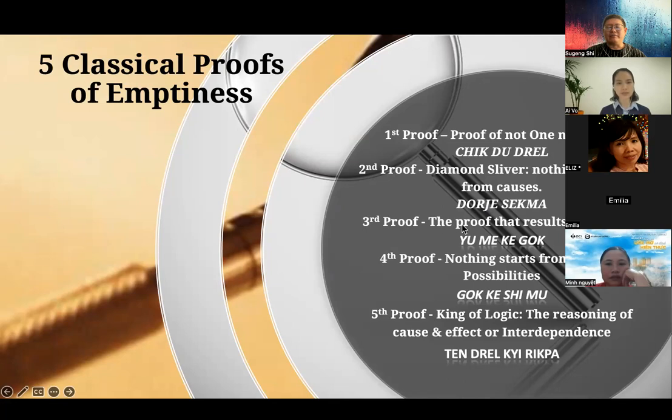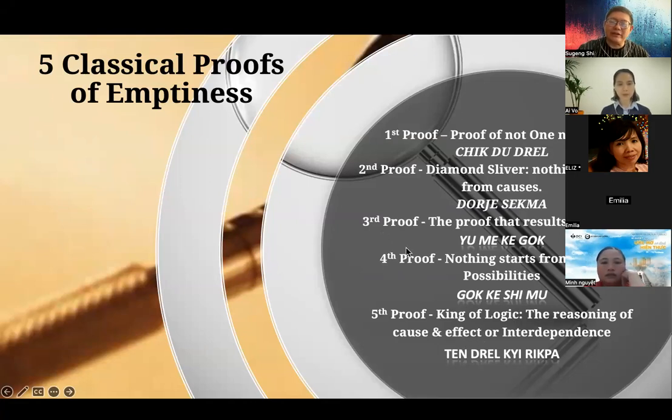And then proof that results never start. And then nothing starts from any of the four possibilities, Gokke Shimu. And then finally, the king of logic, the reasoning of cause and effect, or interdependence.